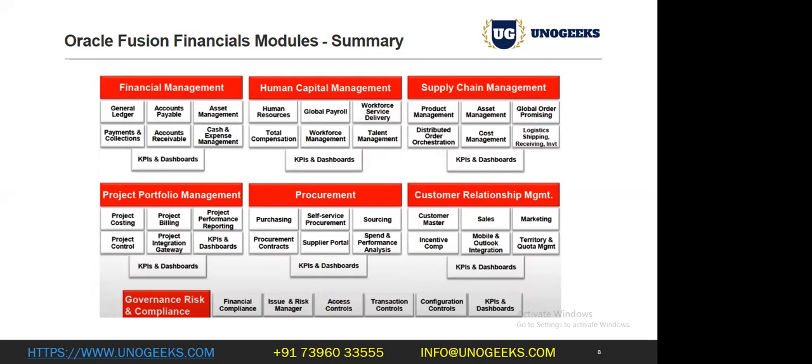Here we have segregated them in case you want to define anything product-related or cost-related, covered under supply chain management. Procurement covers self-service and sourcing, supplier portal, everything. These two are related and mostly handled by the SCM team only, but we have segregated them.